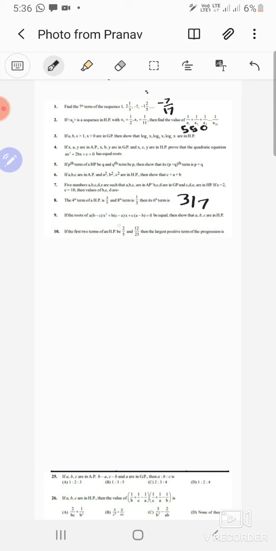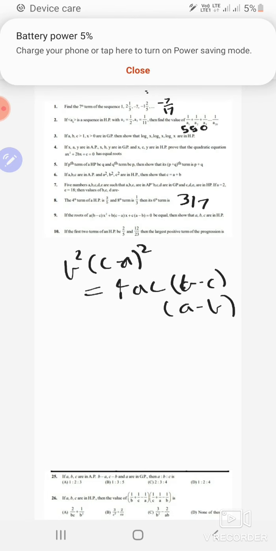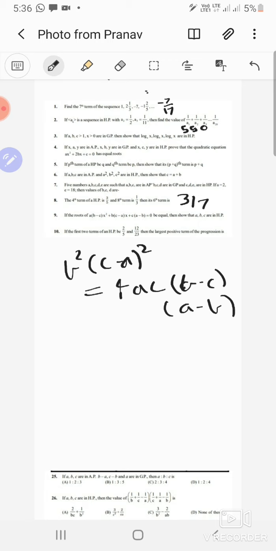which means that the discriminant is 0. Which means that b squared into (c minus a) whole squared is equal to 4 times of these things, which is 4ac into (b minus c) into (a minus b), I guess. Then we have to show that a, b, c are in a harmonic progression.